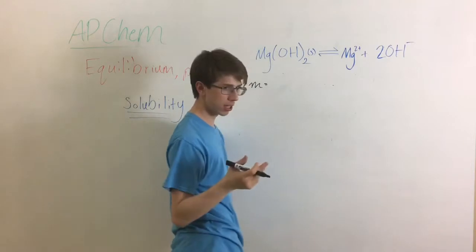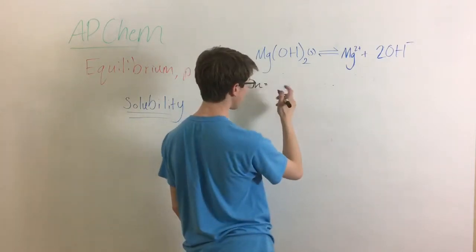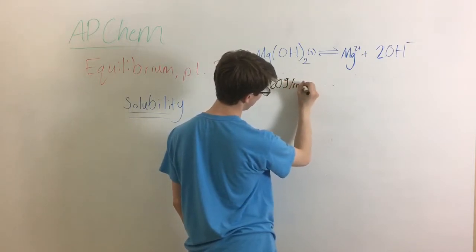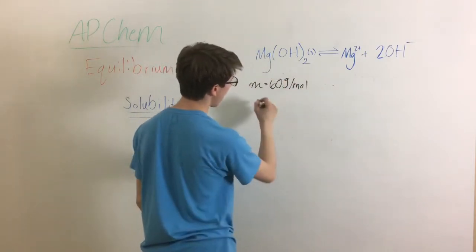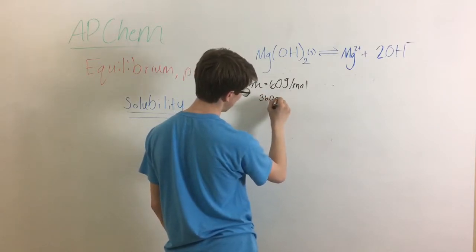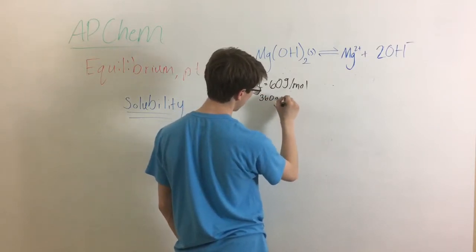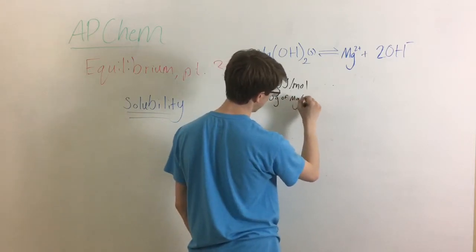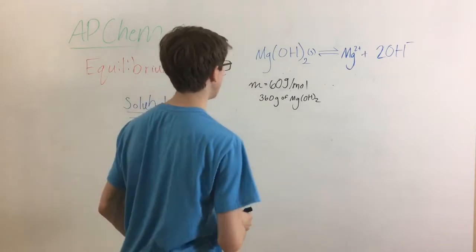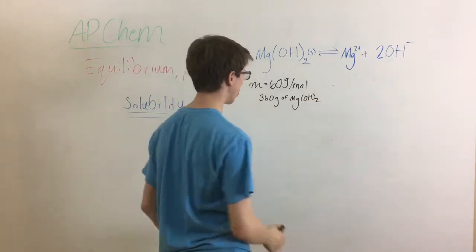That's about 50? No, 60 grams per mole. So why don't we say that we have 360 grams of magnesium hydroxide.